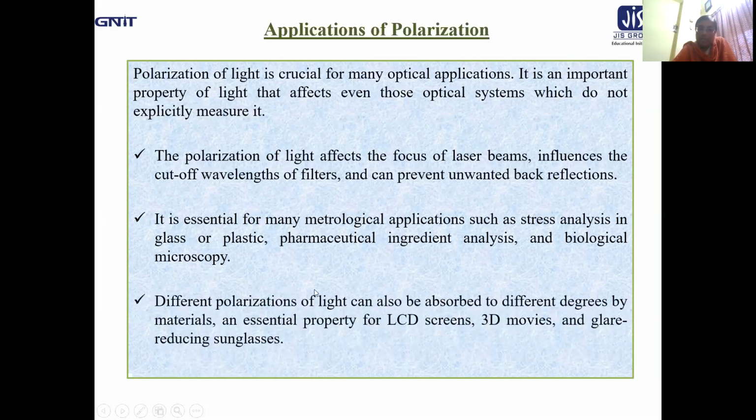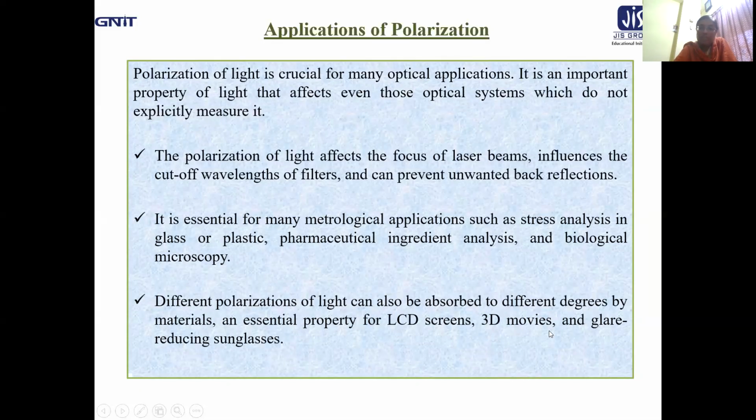Different polarizations of light can also be absorbed to different degrees by the material. An essential property for LCD screens. In the liquid crystal display screen, different polarizations of light, which are absorbed to different degrees by the material, are used intensively.